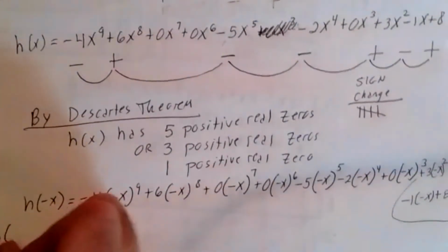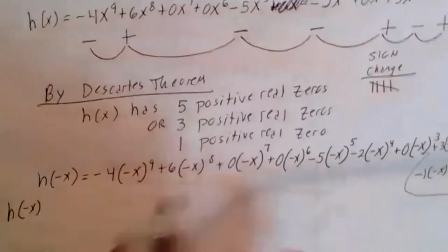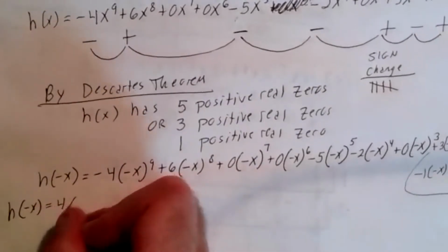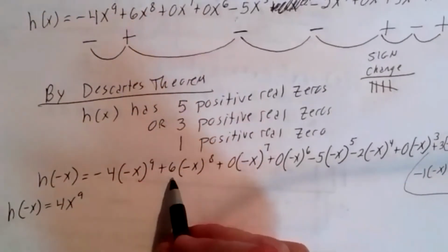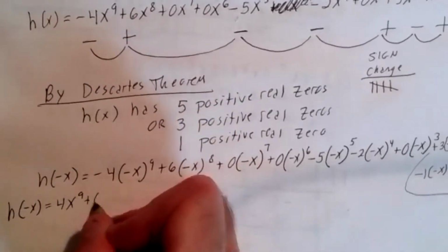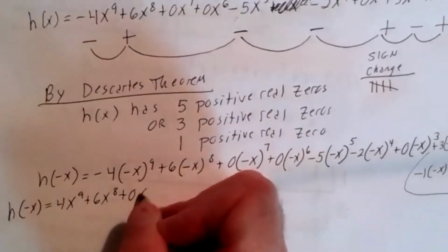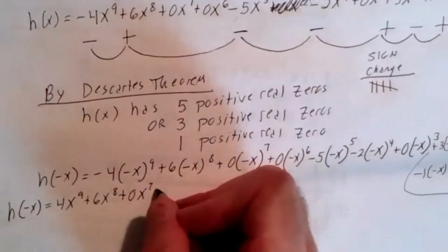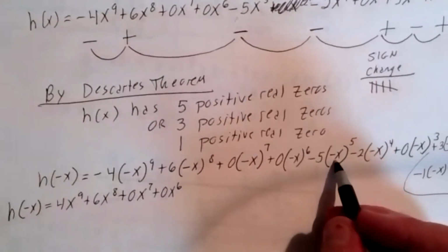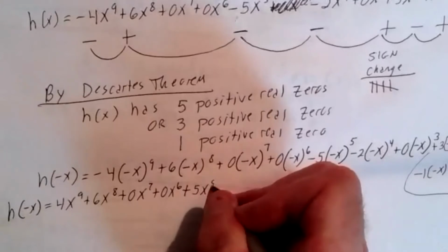So we simplify here, and h of negative x therefore is going to simplify. This is still going to be negative x to the 9th times negative 4, which is a positive 4x to the 9th. This is going to be x to the 8th power, positive x to the 8th times 6 is plus 6x to the 8th. This is going to be 0. This is going to be 0. This is going to be negative x to the 5th times negative 5, which is now plus 5x to the 5th.